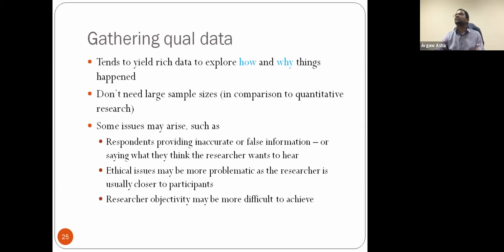Here, whenever you are gathering qualitative data, you should ask yourself how and why things happened.